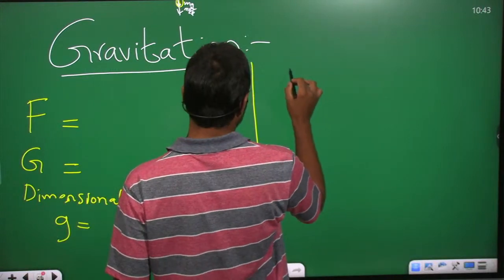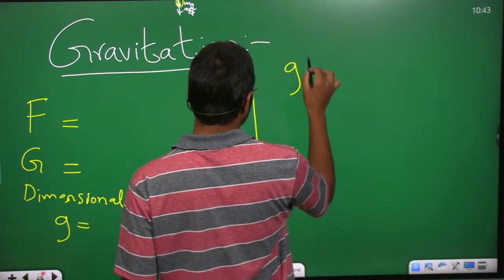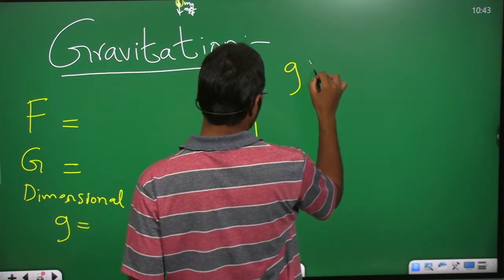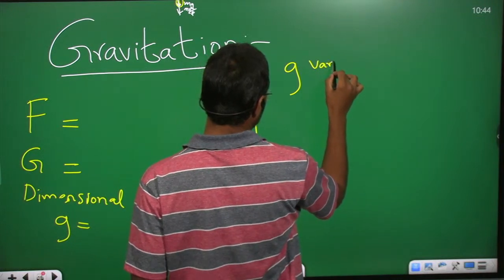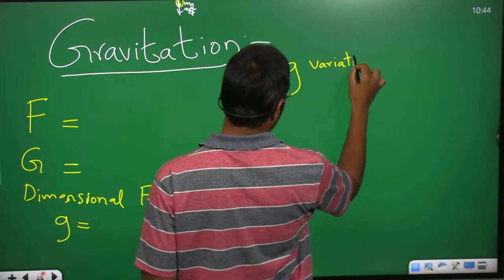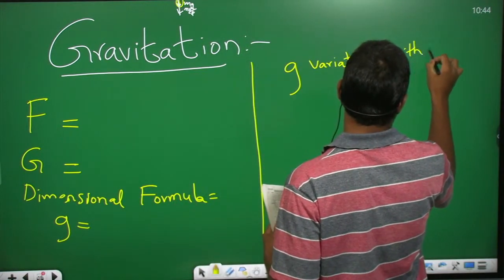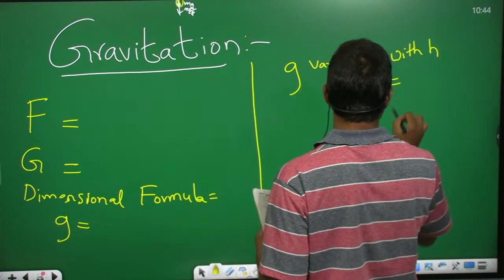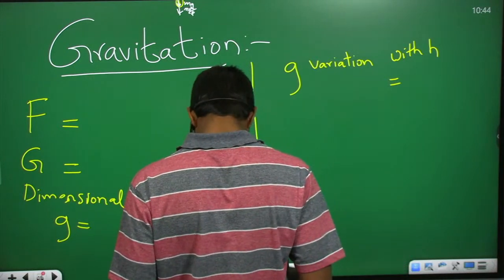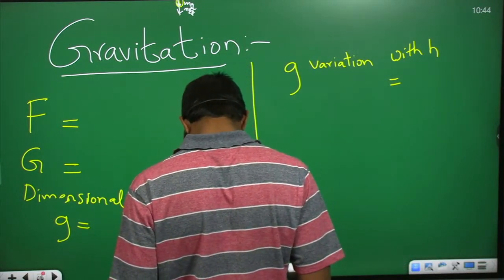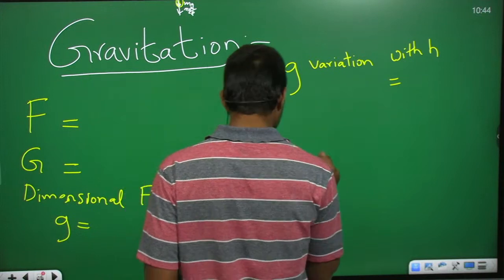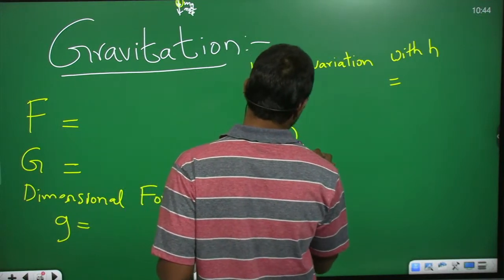How exactly does g vary with height? What is orbital velocity?